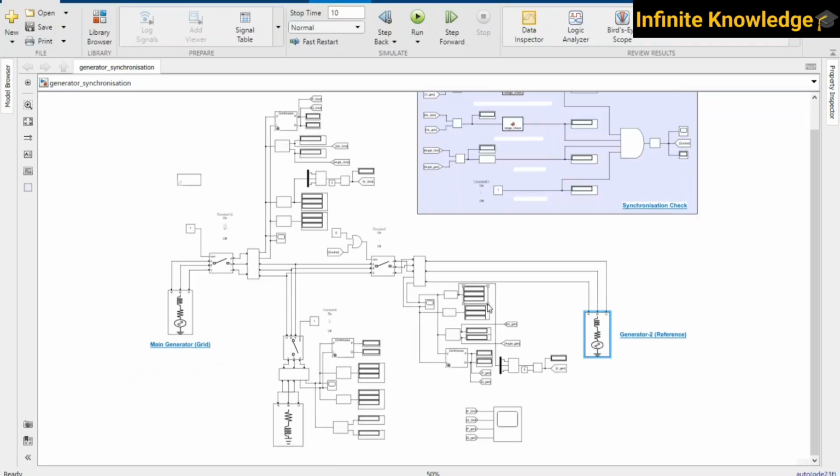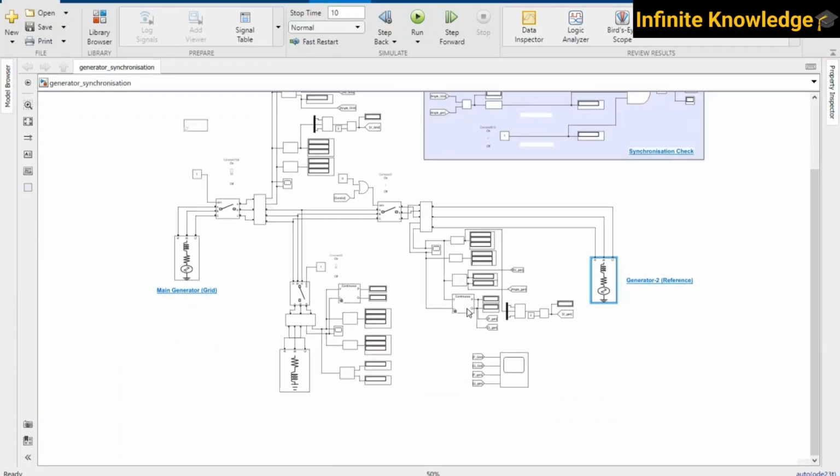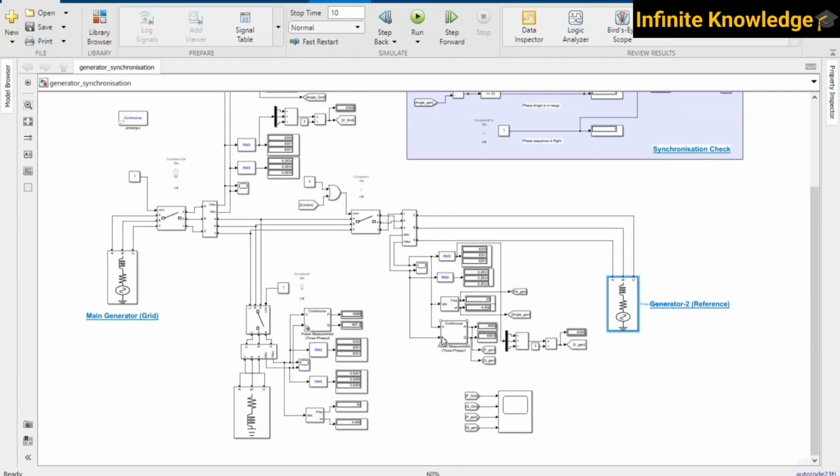Whenever you consider a power plant, there are different generators, and that generator must be synchronized with the existing grid. If you don't synchronize with the existing grid, then it will cause a circulating current through the generator winding, and that may cause overheating, and sometimes may totally damage the internal winding of the generator.